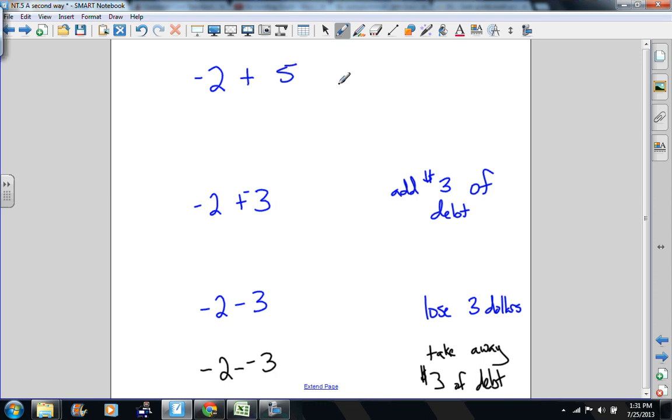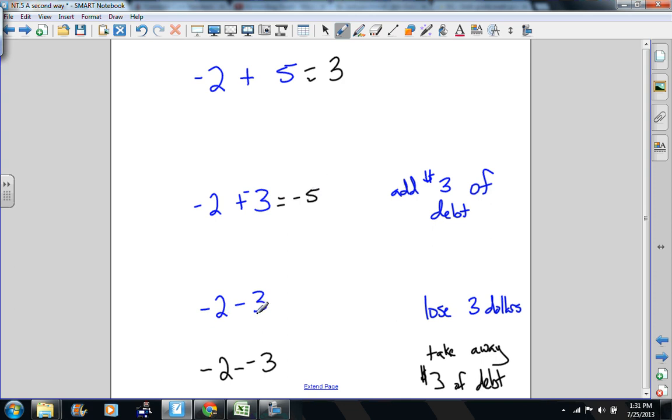So this one would be 3. In this one down here, -2 plus a -3, we call this adding $3 in debt. So we started with $2 in debt, and now we're going to add 3 more dollars of debt. That means we owe someone $5, or -5.